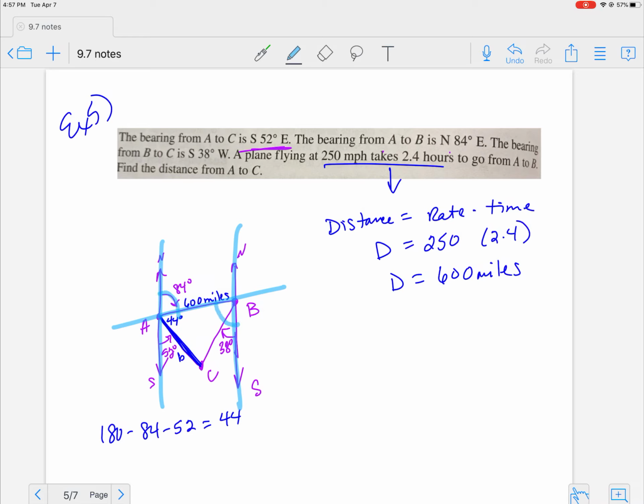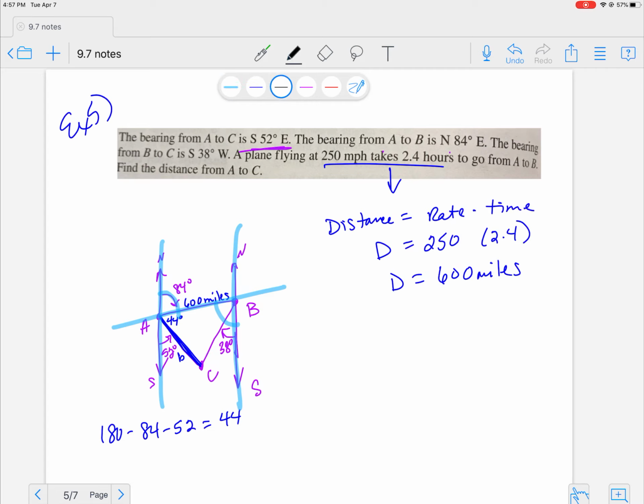Here's just a little bit of geometry review for you. If you have two parallel lines cut by a transversal, so I'm going to make this a highlighter. Here's a parallel line, and it is cut by this transversal. This angle on top is equivalent to this angle. They're called alternate interior angles. Cool, right?